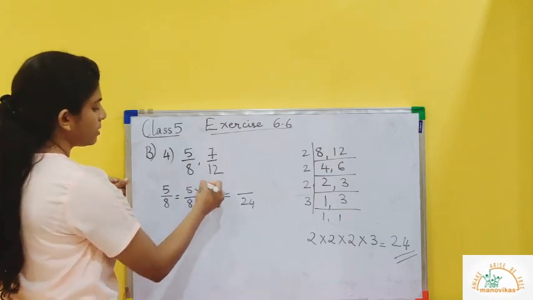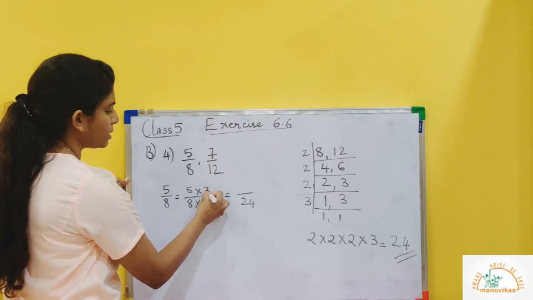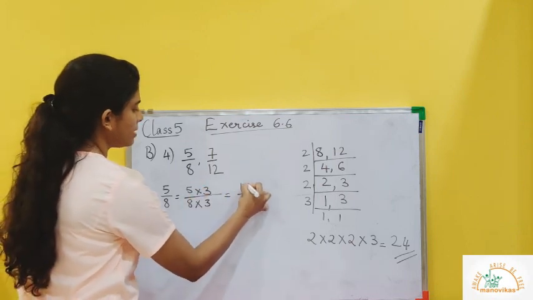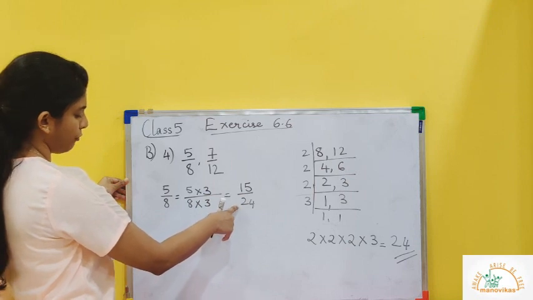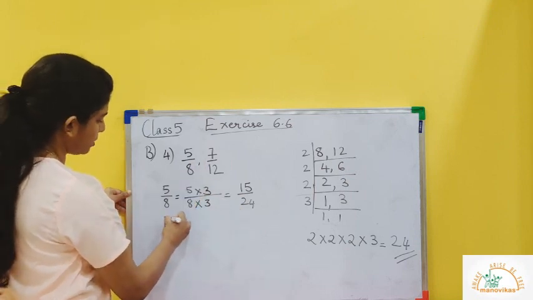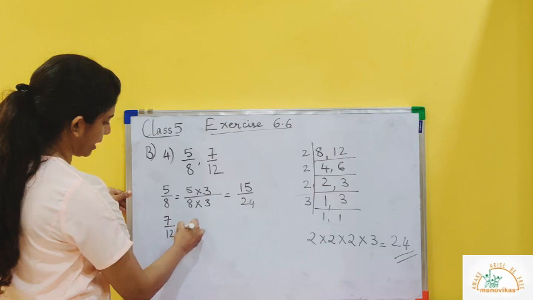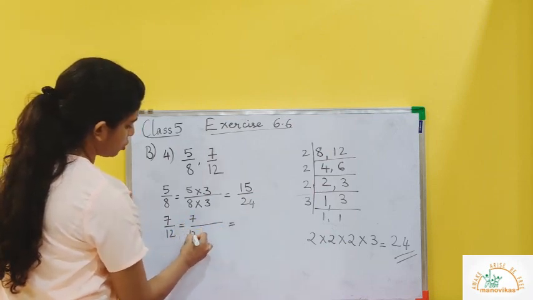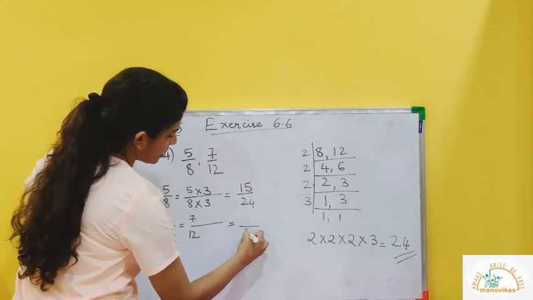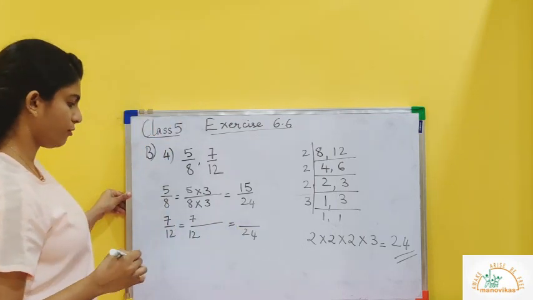Multiply by 3, the same number I will multiply in the numerator. So 5 3s is 15. So I get 15 upon 24. Next number, you bring down 7 upon 12. So 7 upon 12 and the denominator should be 24.